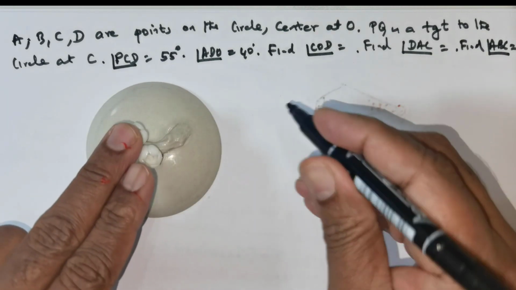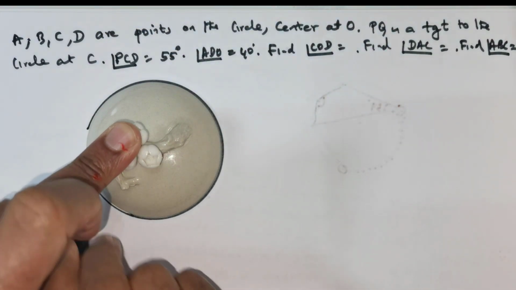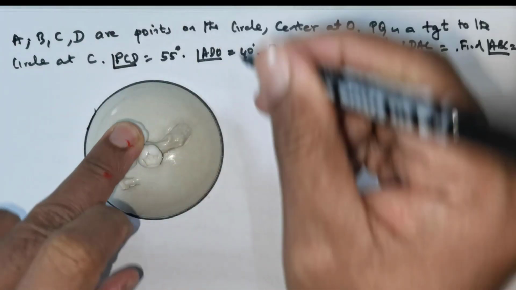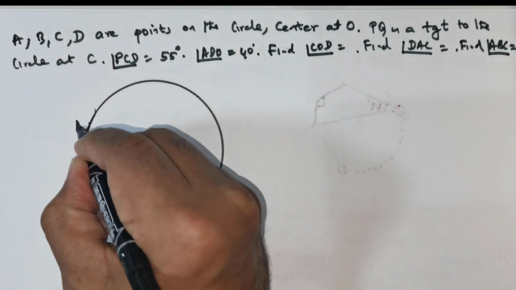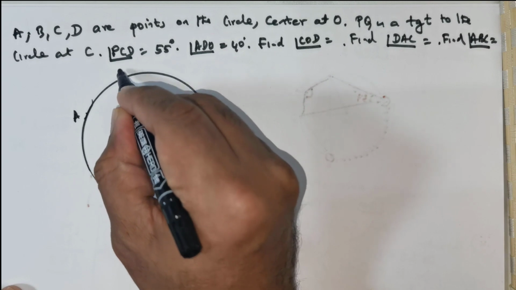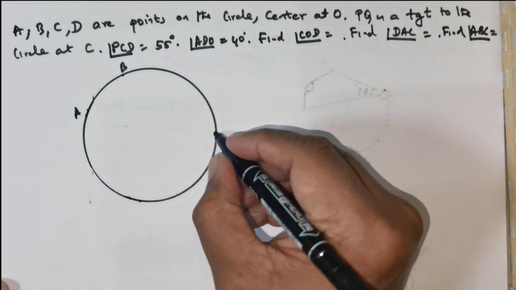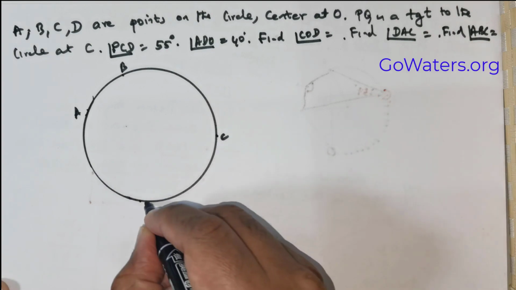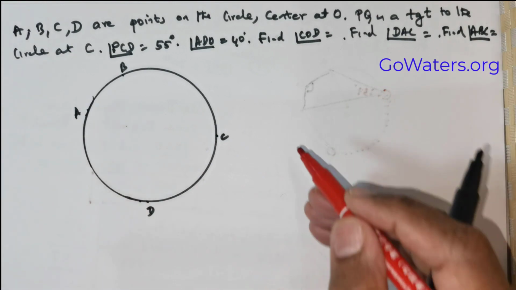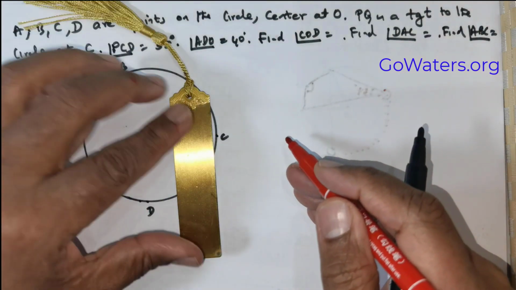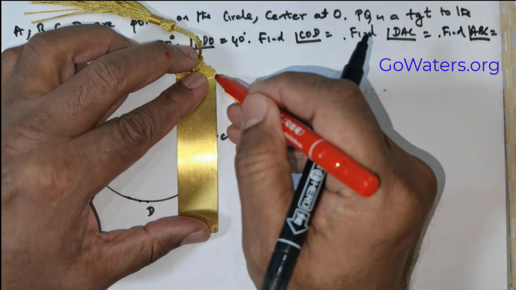Now let me draw the figure. The figure for this is given as follows. So you got a circle, then you got points A and then B and then C, and you got D. There is a tangent that is hitting C. PQ is a tangent, so let me hit C with this line.